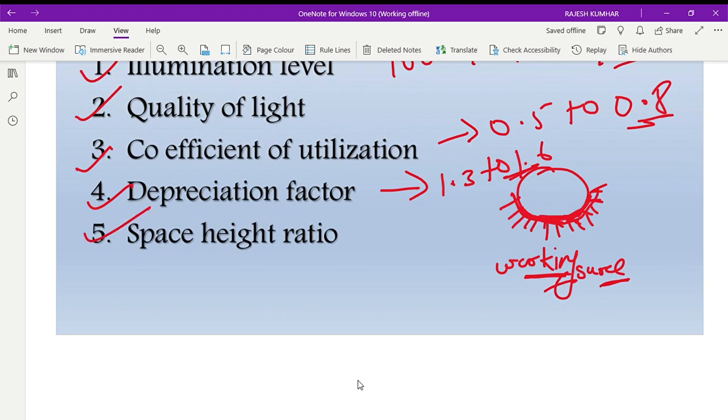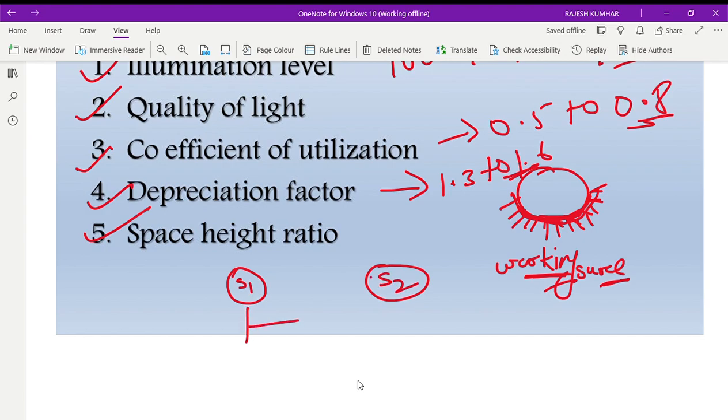Now the last one is the space height ratio. The space height ratio is the ratio of the space between two adjacent lamps to the vertical height of the lamps above the working plane. Suppose this is the first source S1 and this is source number 2.